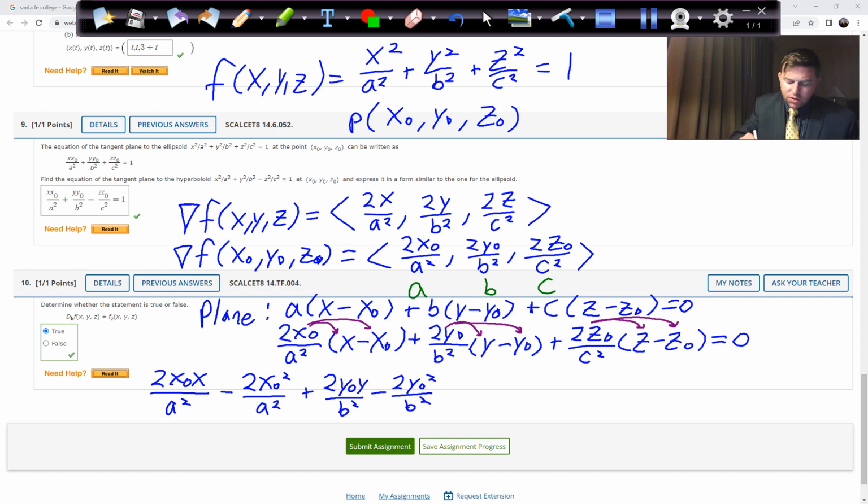So those four terms account for the first four purple arrows I drew, just distributing everything. Then we're going to get plus 2z0 times z over c squared minus 2z0 squared over c squared, and all that equals 0.